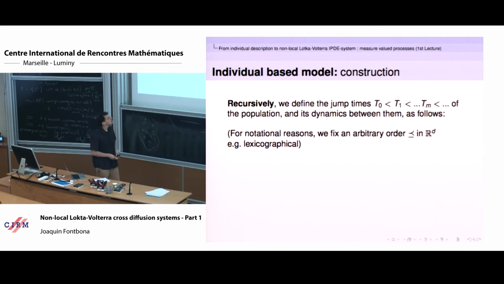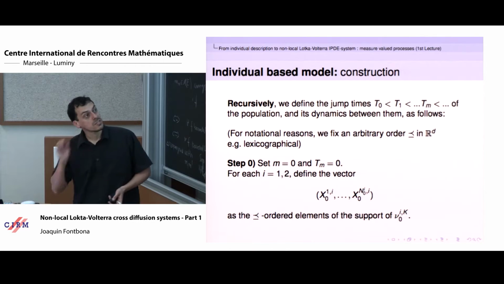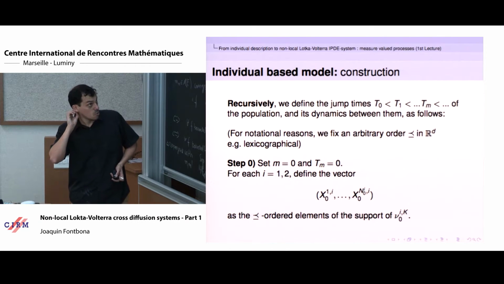Okay? So the jumps mean jumps of the measure, because I will have a jump. I will change the size. So the mass will change. Okay? So the idea is the following.